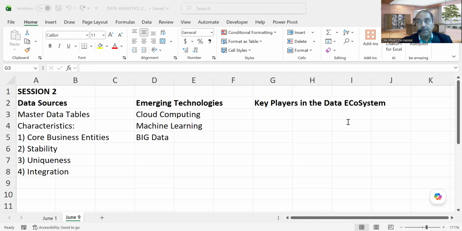Has the customer started liking the new product of the company? Analyzing the behavior patterns of customers for personalizing or customizing offers. So all this is done, but now we have data professionals who are the key players in the data ecosystem.